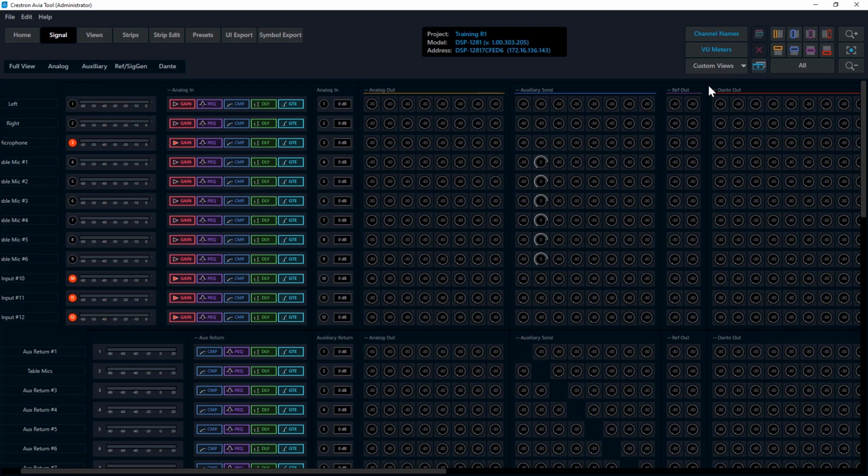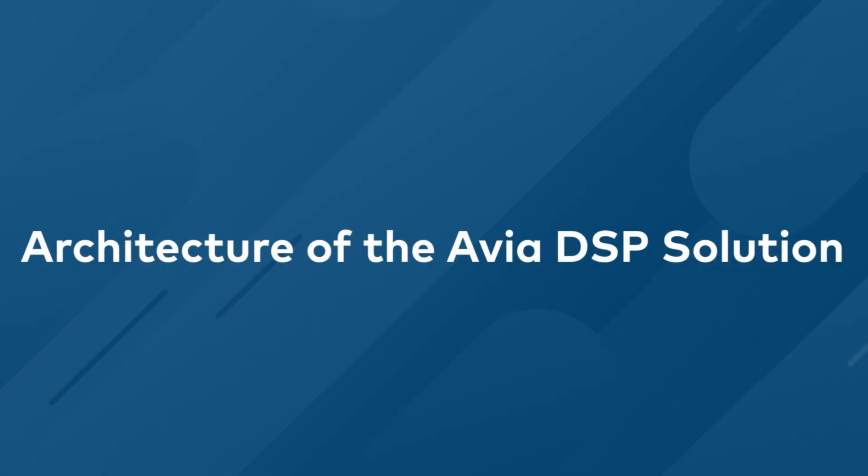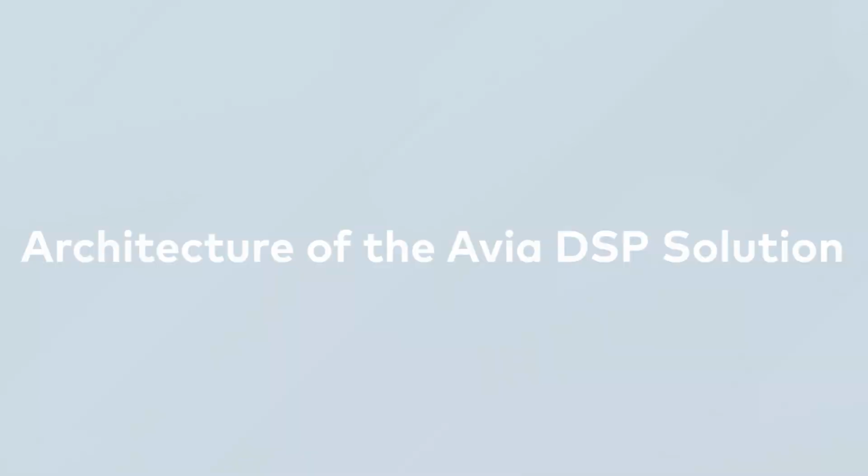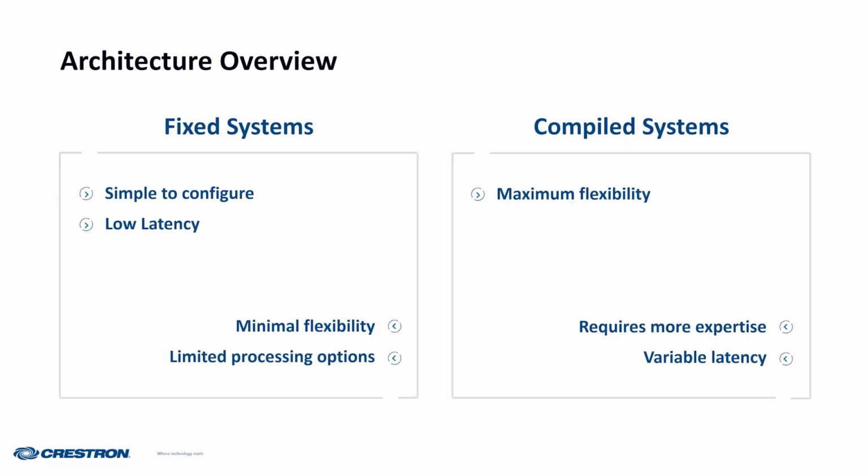Before we dive into the tool, it's worthwhile to discuss some of the architecture of the Avia DSP solution. Traditionally, there have been 2 types of DSPs available: fixed and compiled systems.